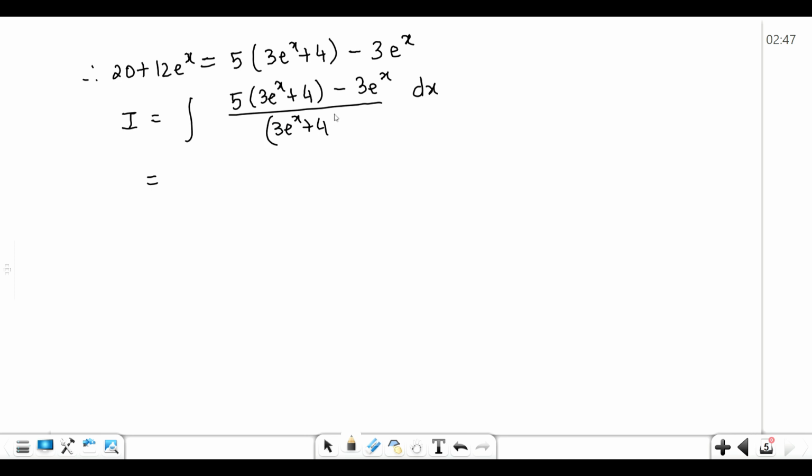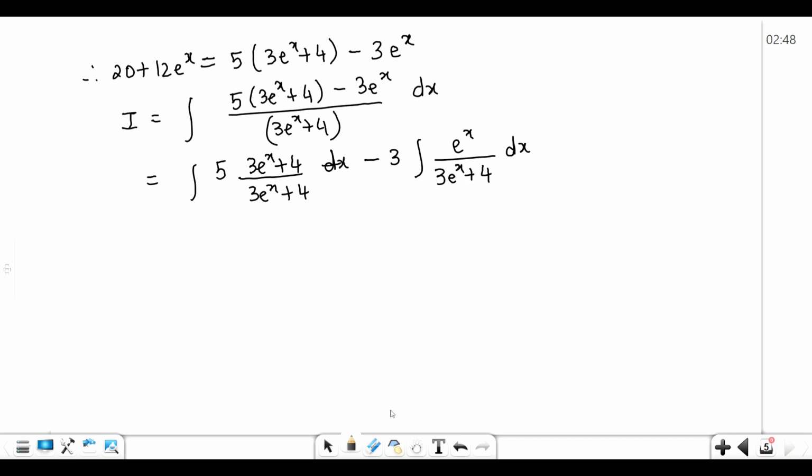Now we'll give this denominator to both of these terms, so that gives you 3 e raised to x plus 4 upon 3 e raised to x plus 4 dx minus 3, and this is 3 e raised to x upon 3 e raised to x plus 4. One correction: we'll take this 3 inside here. Now this and this will get cancelled, so we are left with 5 times the integration of 1 dx minus the integration of 3 e raised to x upon 3 e raised to x plus 4 dx.